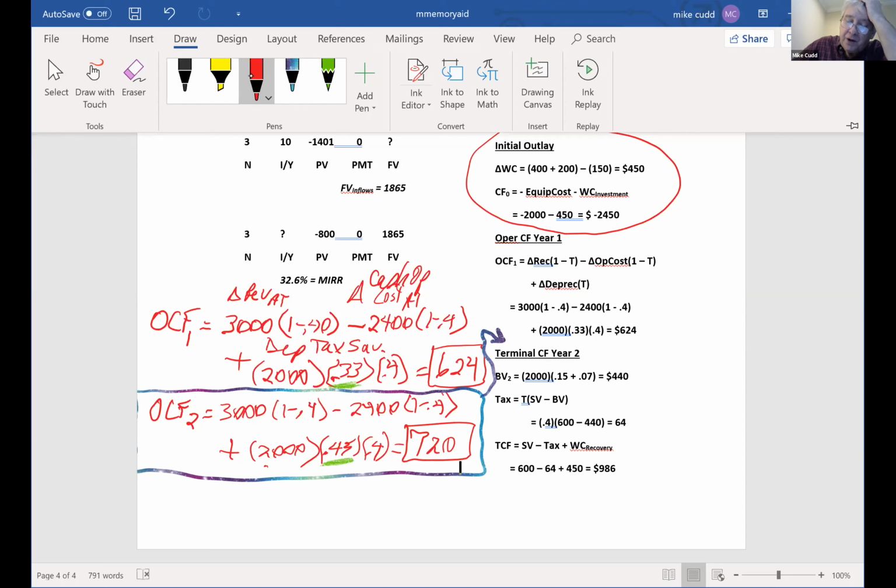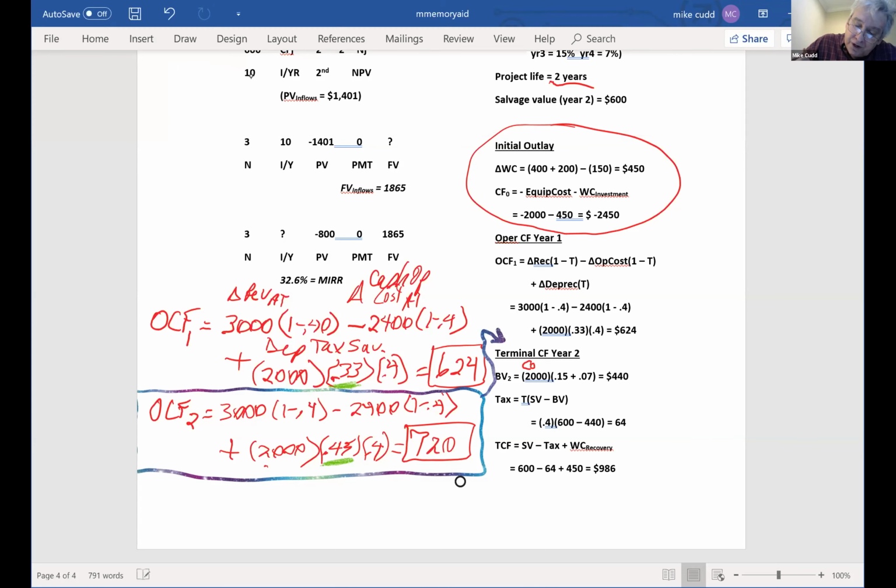since we're talking about selling a depreciable asset, we have to calculate its book value, and the government will compare what we sell it for to its book value to see if we owe any taxes. This is the original cost of the equipment.